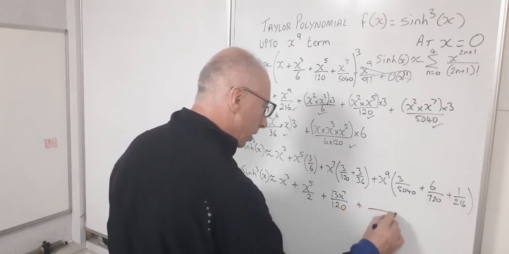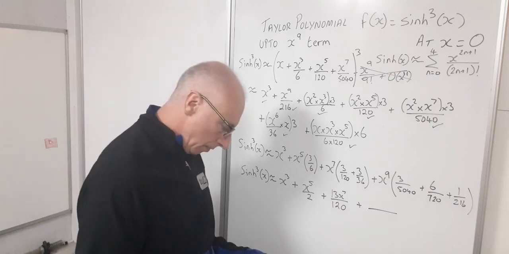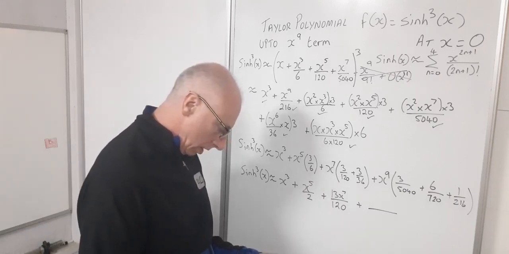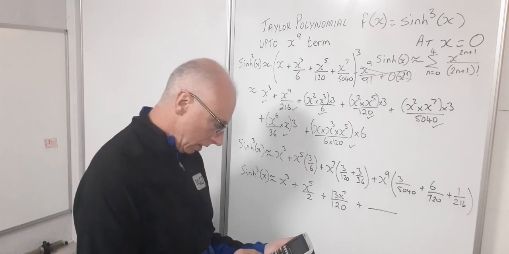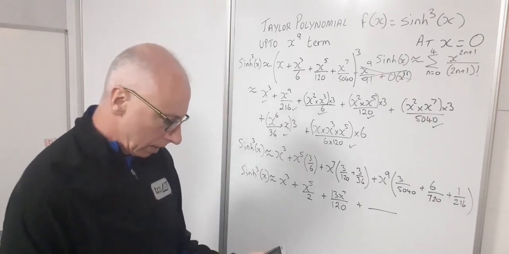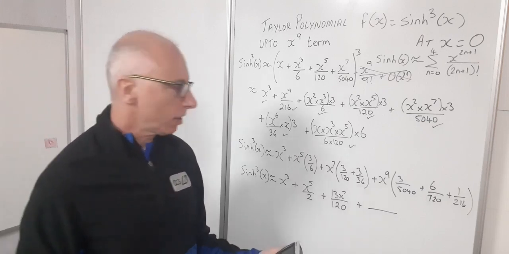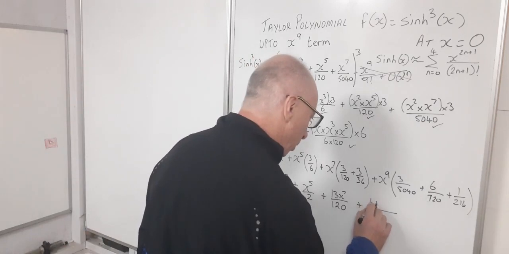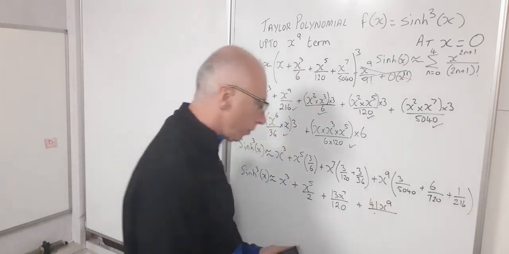And then now let's work out this x to the 9 coefficient. So 3 over 5040. That's that one. 6 over 720. And the last one, 1 over 216. And that's going to give me 41 over 3024. So 41 x to the 9 over 3024.